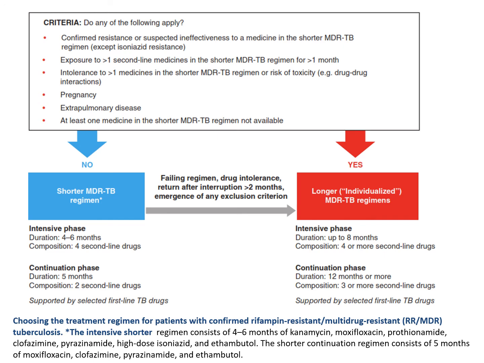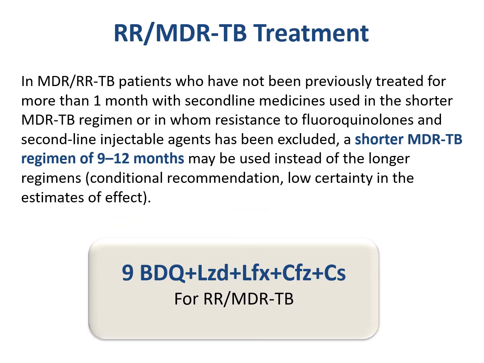The intensive shorter regimen consists of 4 to 6 months of kanamycin, moxifloxacin, prothionamide, clofazimine, pyrazinamide, high-dose isoniazid, and ethambutol. The shorter continuation regimen consists of 5 months of moxifloxacin, clofazimine, pyrazinamide, and ethambutol.